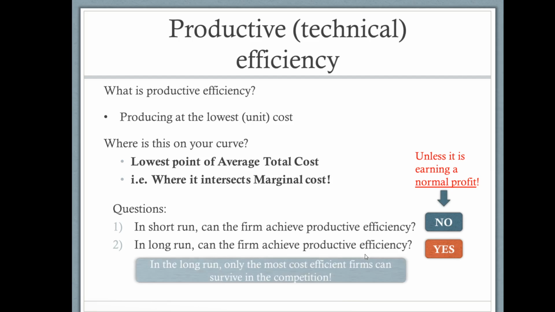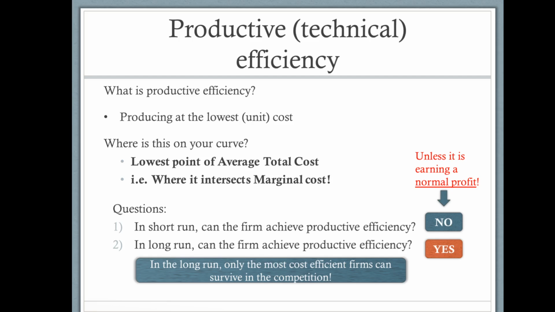In the long run, only the most cost efficient firms can survive in the competition. The firms remaining in a perfect competition market are very cost efficient, because the inefficient firms are all gone. They know this is not the best idea, and they should invest somewhere else.